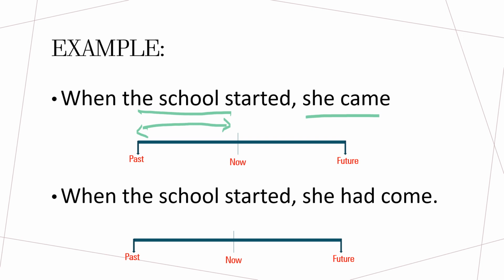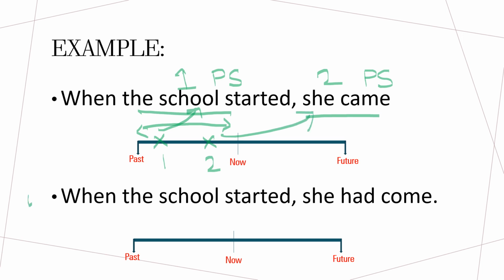First, the school started, and then she came. And we are using past simple tense to describe both events. So here, first school started, and then the second event happened when she came.